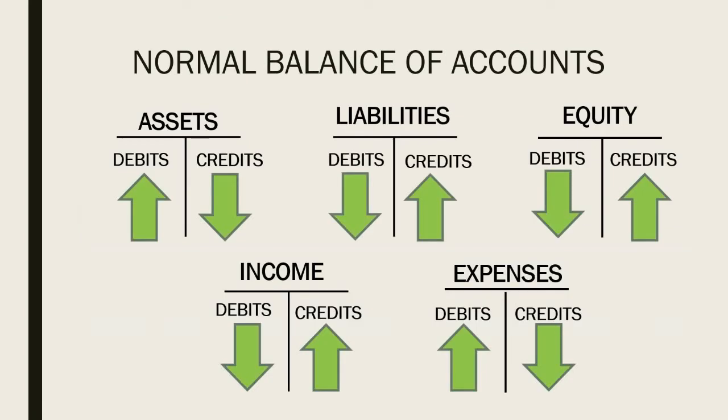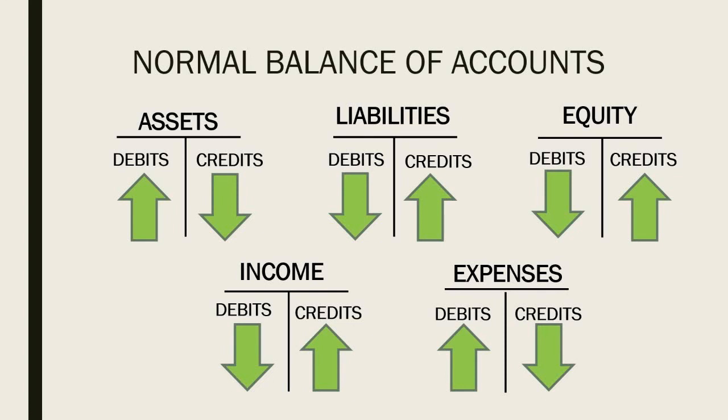Okay, and then we're going to be moving on to what's called the normal balance of accounts. I forgot what it's called, but anyways, this is the normal balance of accounting.